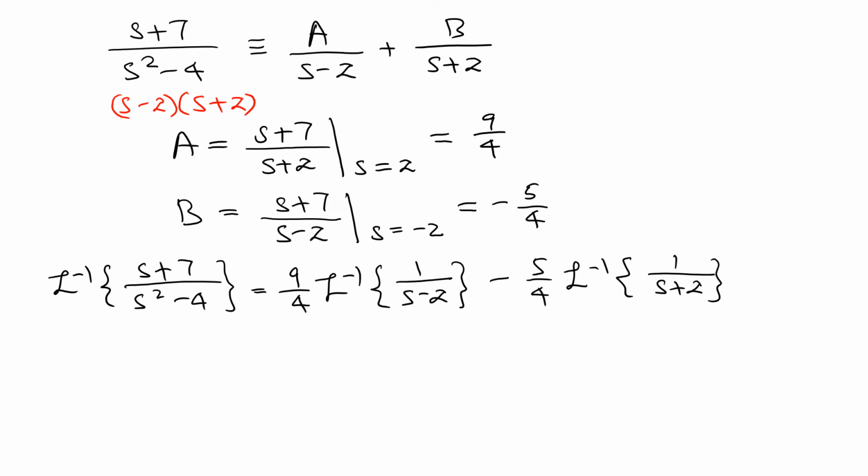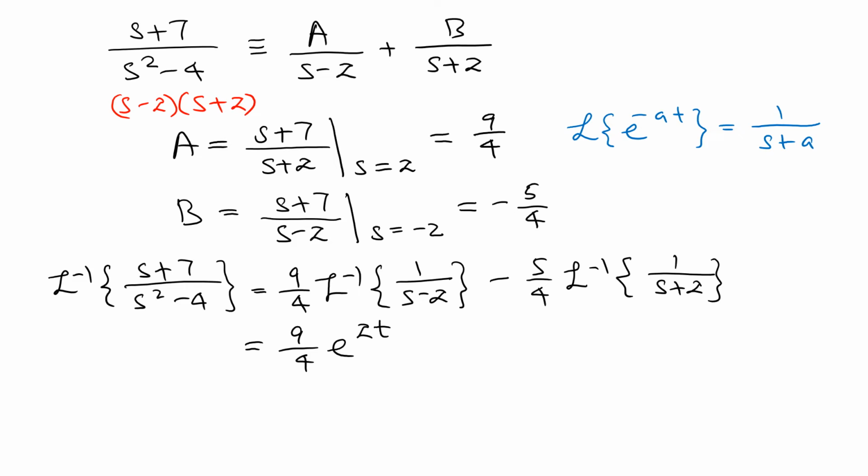So what happened now? We can find them. This is simply 9/4 e^(2t), that's the inverse of 1/(s − 2), because we know this identity: the Laplace transform of e^(−at) is 1/(s + a). So that's what we use.